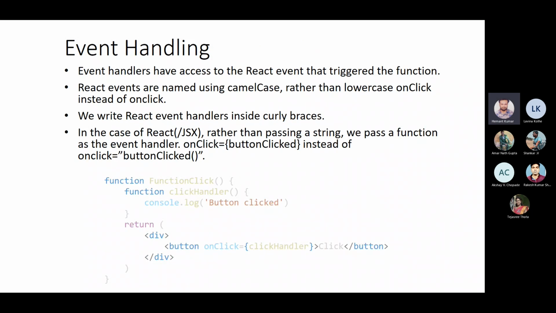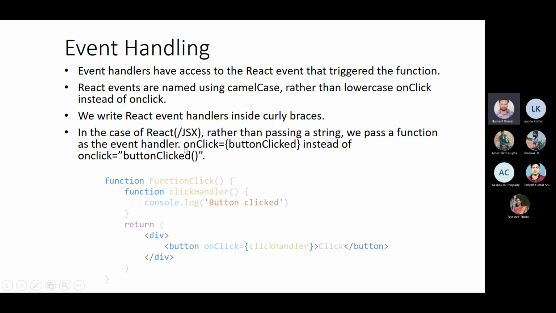Here you can see this onClick, where the C is capital, and here it is small, as it was used earlier in JavaScript. We write the event handler inside curly braces. In the case of React or JSX, rather than passing a string, we pass a function as an event handler using onClick.